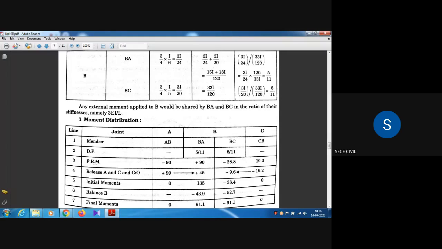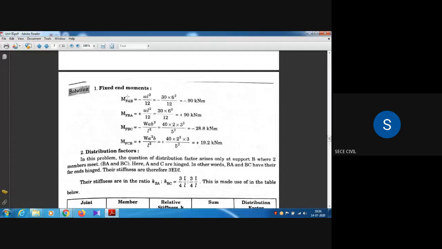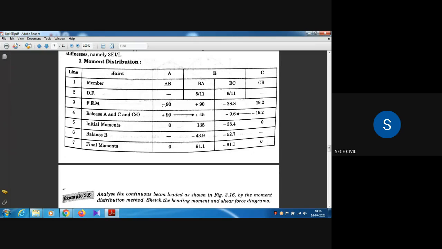The next step is fixed end moment. FEM is nothing but fixed end moments, the moments we calculated. We have to put those values here. For member AB we calculated the fixed end moment as minus 90, and for member BA plus 90.